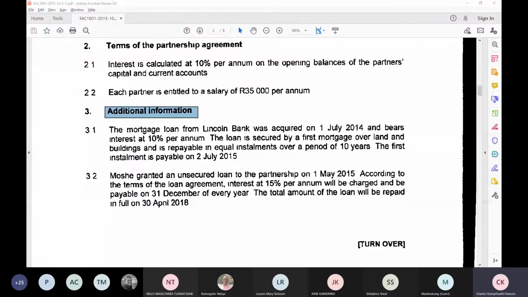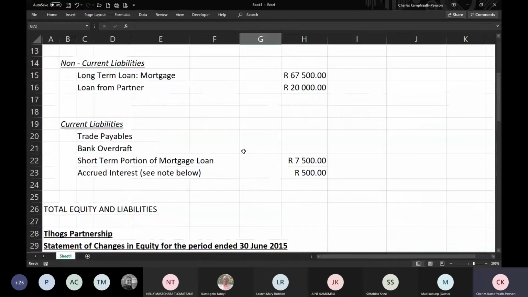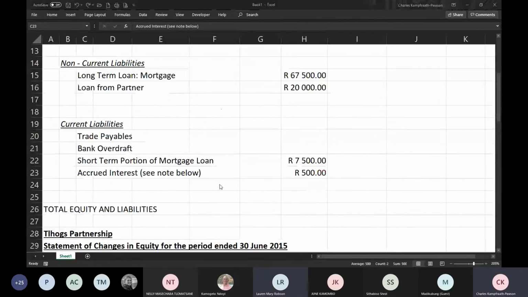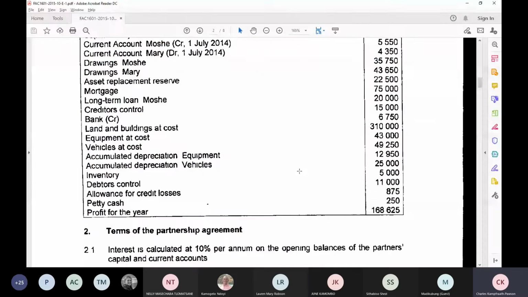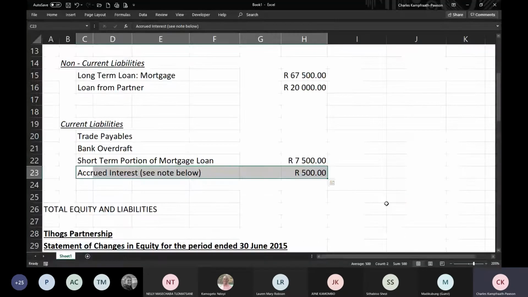Let me just open it. So you're talking about this section? Yeah. Lauren, I'm actually happy you say that, because if I read the given information, there's no indication that that interest has been paid.